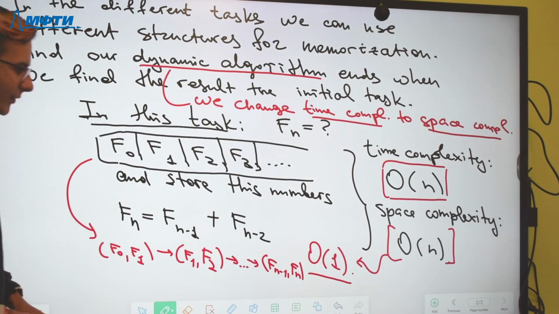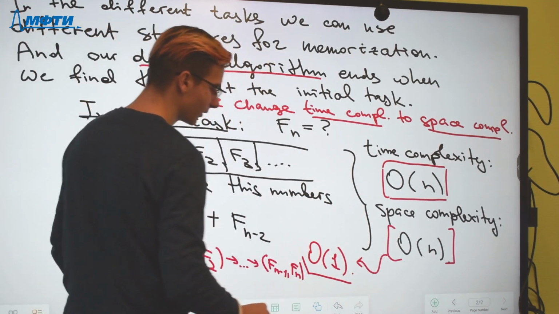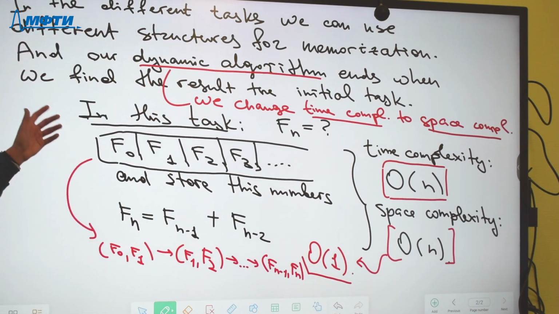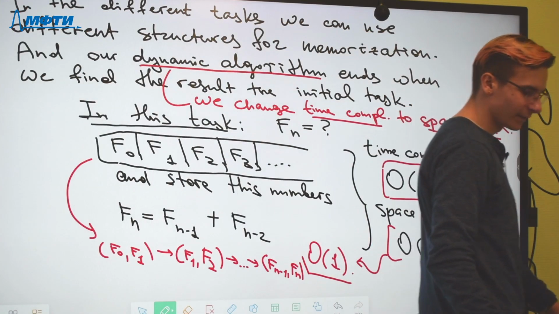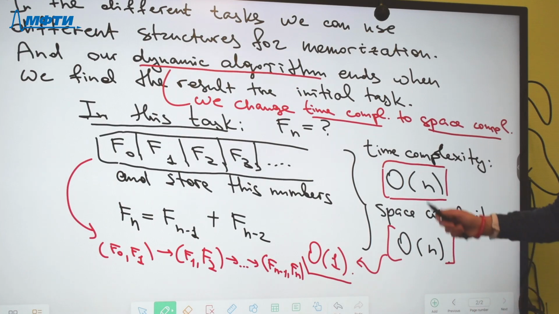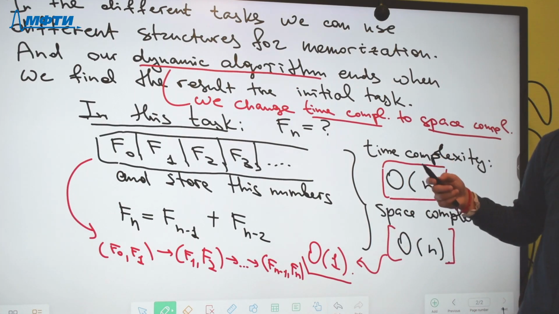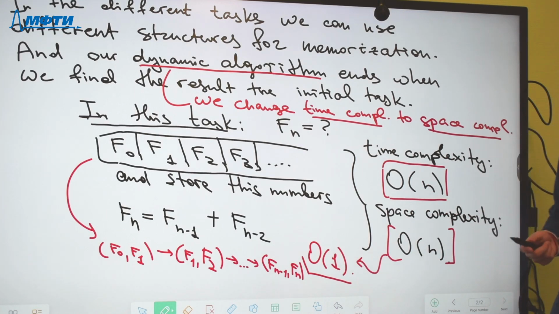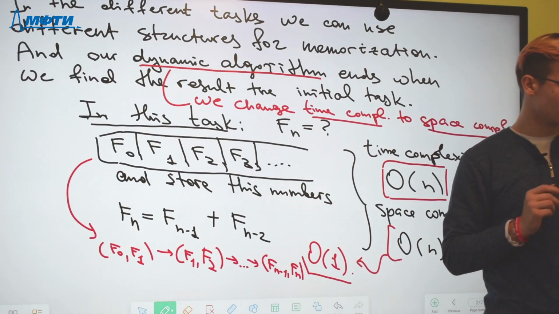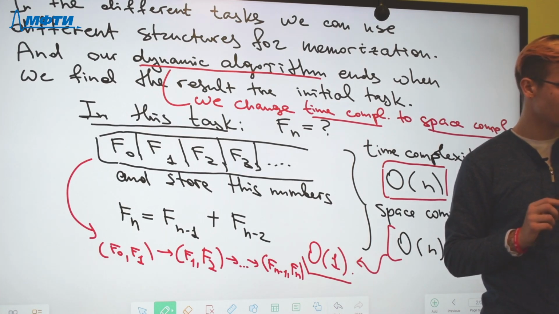But it's due to this simple task, because Fibonacci numbers are, I think, a training task for this topic. But now we face other tasks and see that of course we cannot decrease space complexity. Do you understand? Yes, thank you.